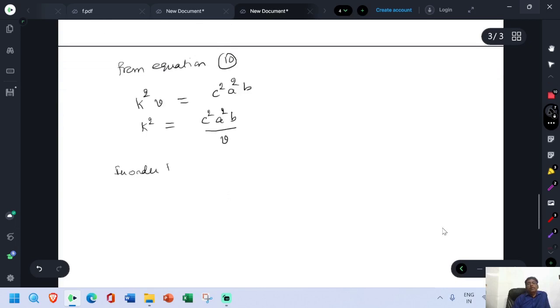In order to make k square equal to a square, put b equal to v by c square.